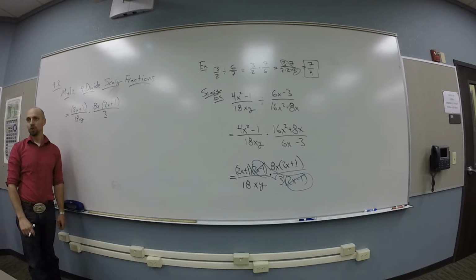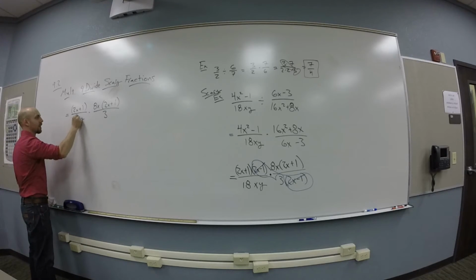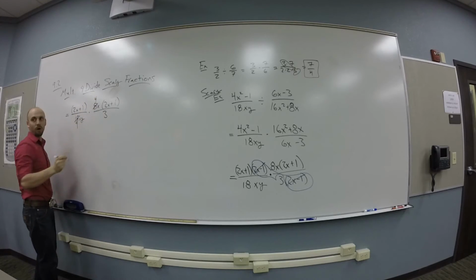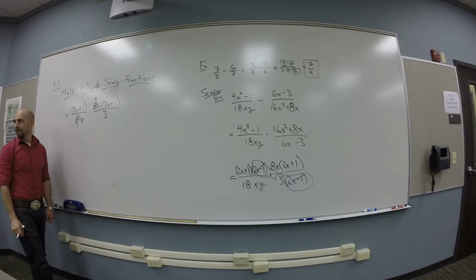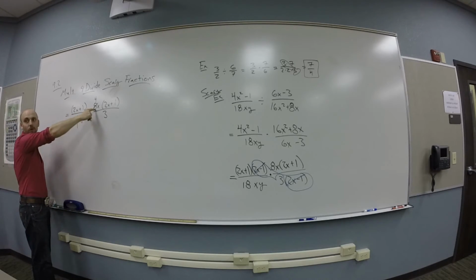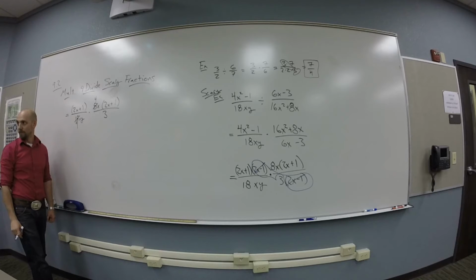I can cancel a 2, right? So this guy I'm going to cross out and replace with a 9. This guy I'm going to cross out and replace with a 4, right? Do you guys recognize that's the same thing as writing this as 2 times 4, and this as 2 times 9, and then factoring or grouping a 2, right?